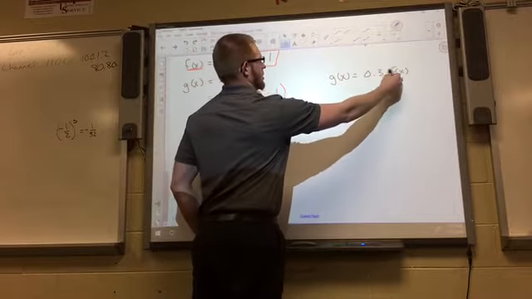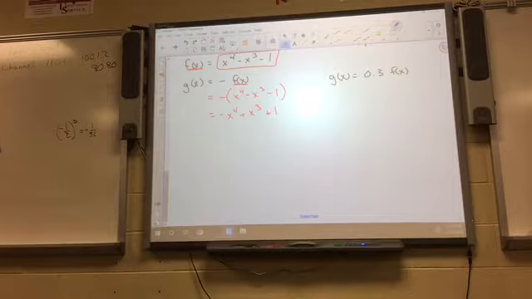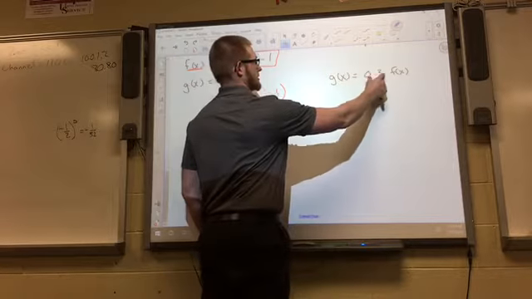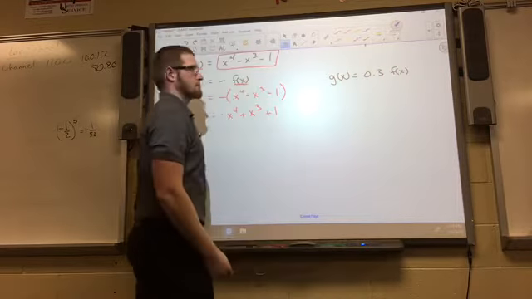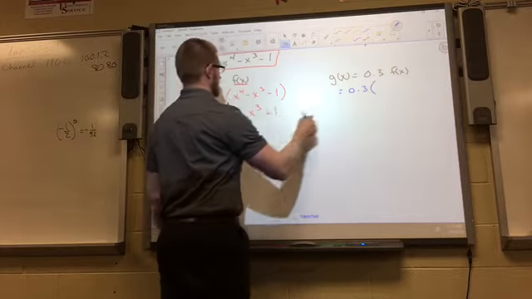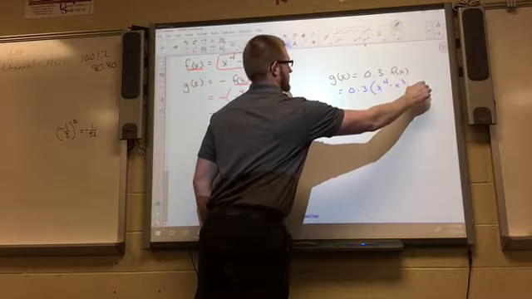Does this go to the entire function or to just the x's? The entire thing, because this says 0.3 times the function of x, right? So same thing. 0.3, and I have x to the fourth minus x cubed minus 1.